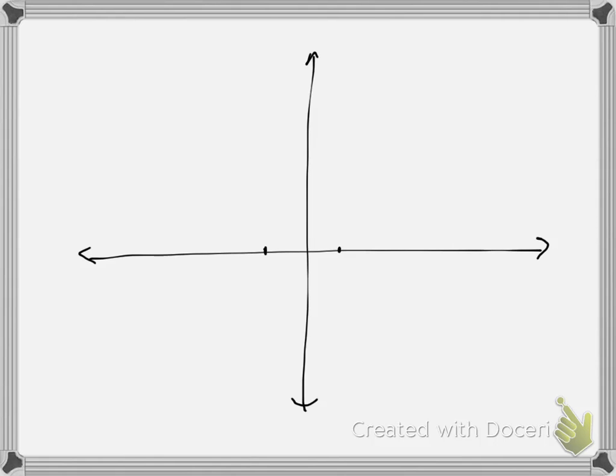So when it's -1, I get a 4. When it was 3.5, I get 6.25. So it's somewhere up here. So I'll put big crosses, that'll do. There and there.